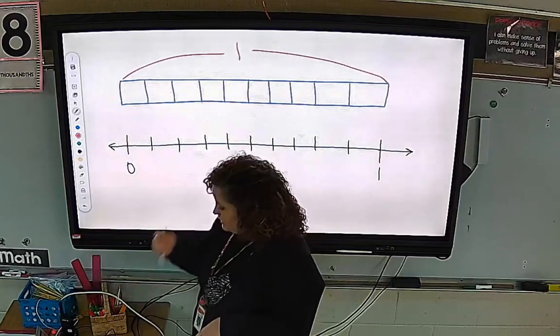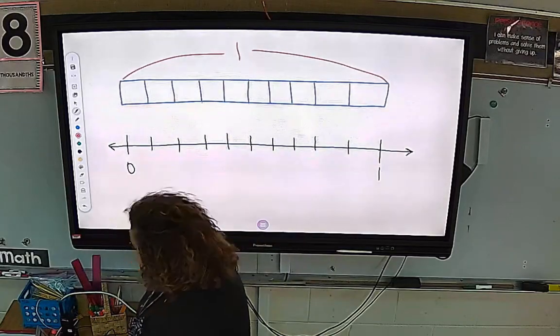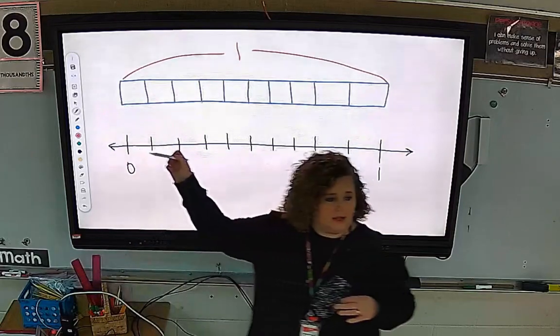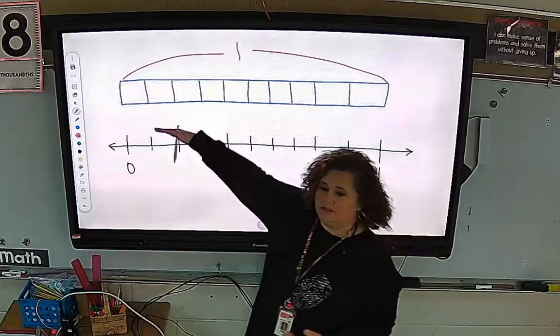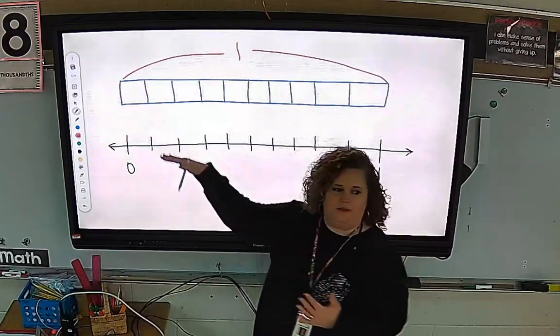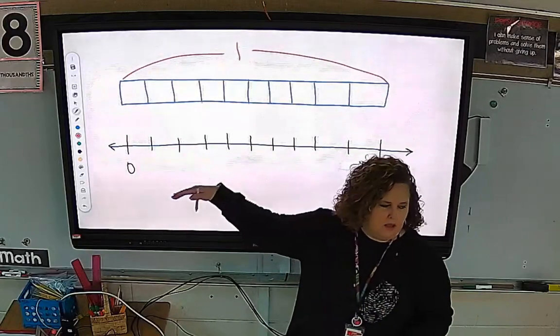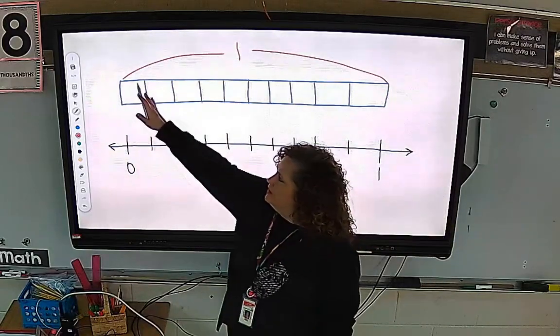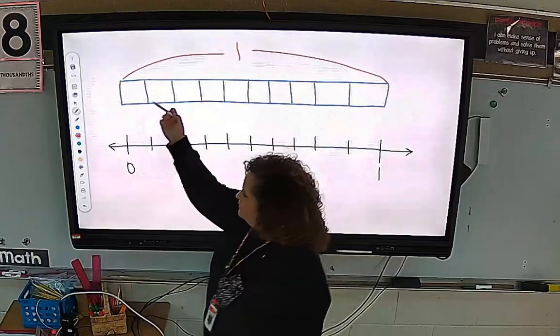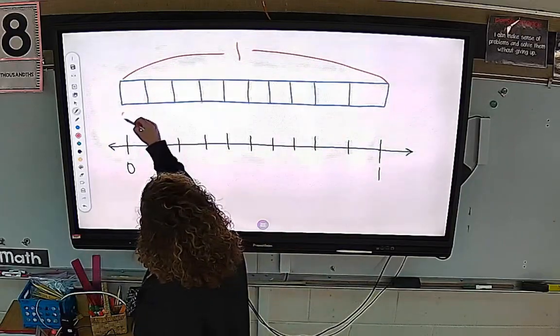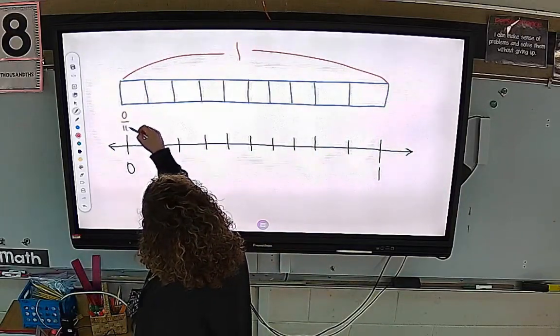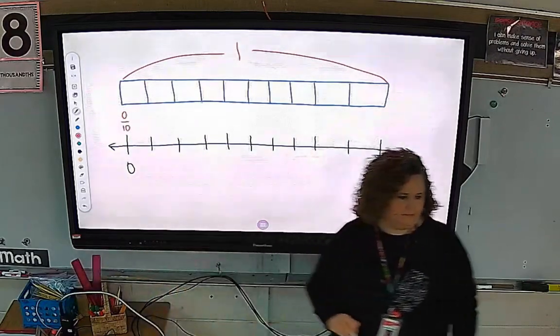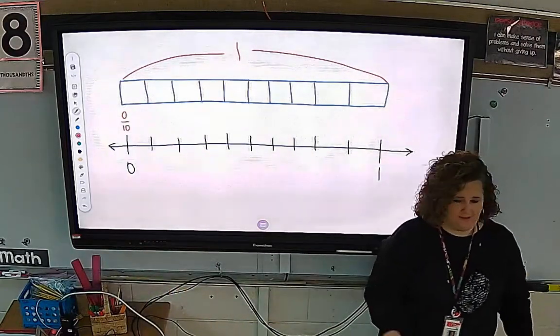Let's put some labeling on our number line, but we're going to do some labeling at the top of our number line and at the bottom of our number line. At the top of our number line, it's really going to go with our tape diagram also. So we know that this is 0/10 right here, because we don't have any at that point.